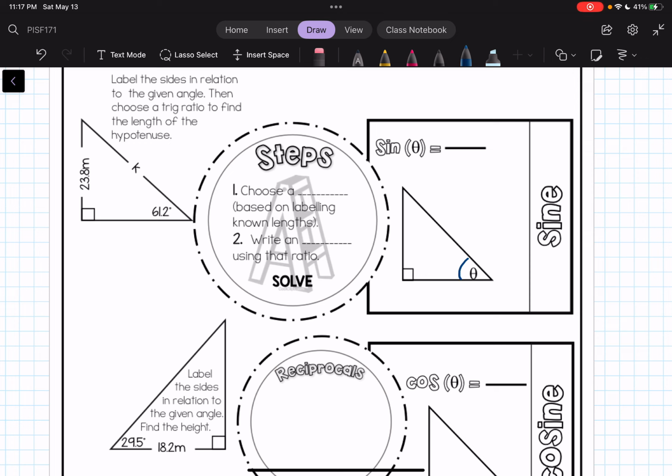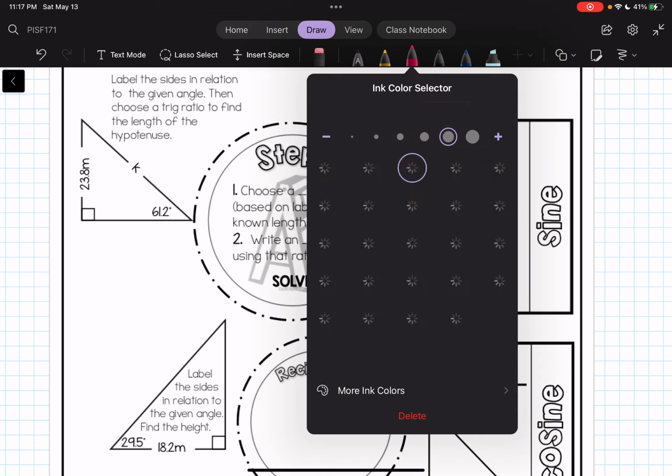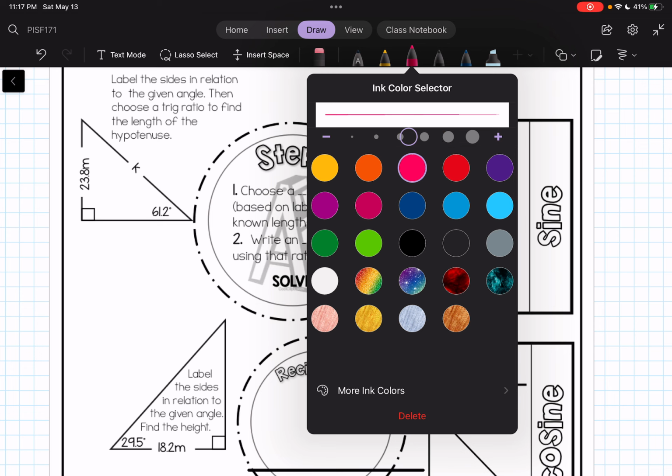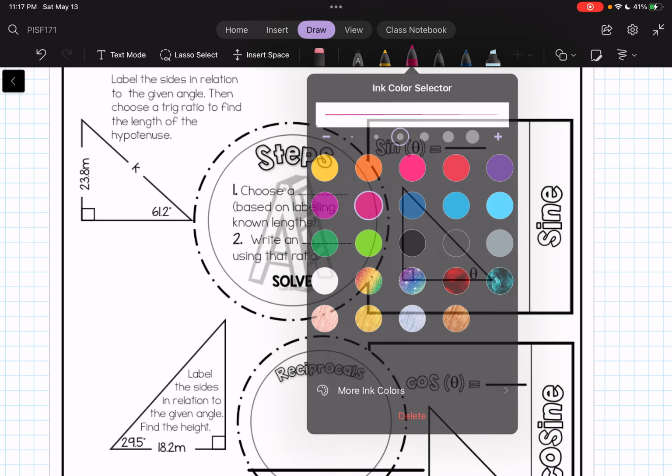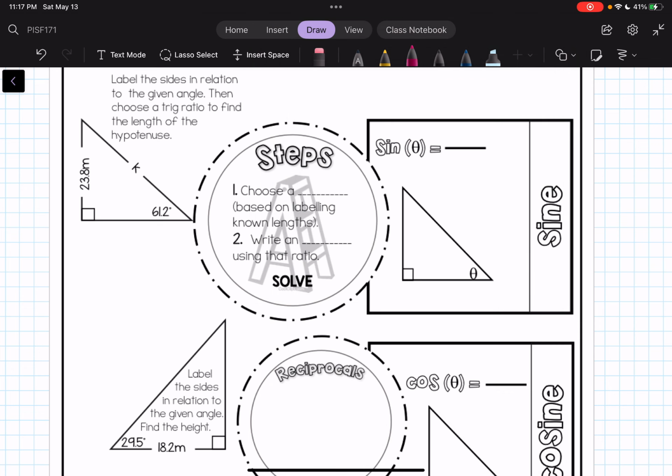Here I've marked the angle with the Greek letter theta. That's a very common symbol that is used for angles. Here in the trig section, you're going to come across a few Greek letters. And so the first side we're actually going to label is the hypotenuse.